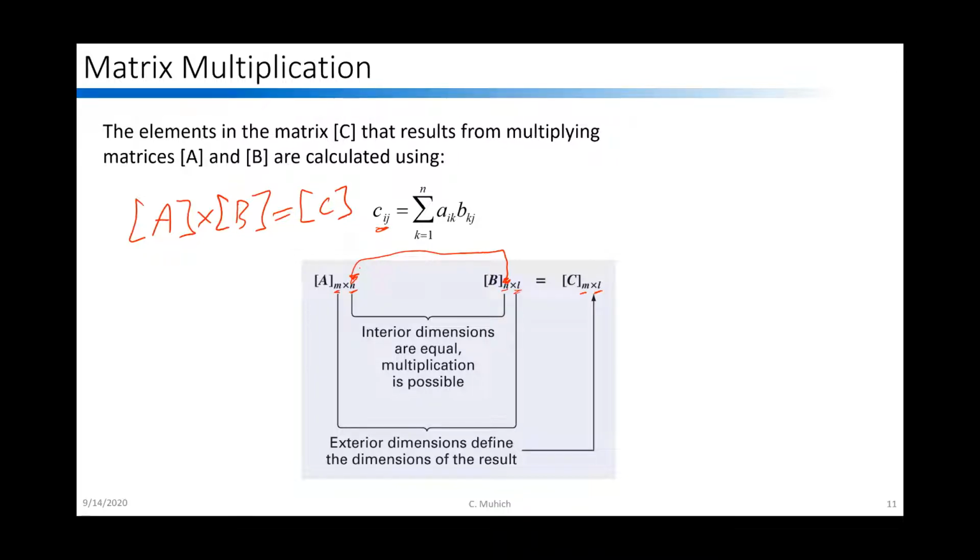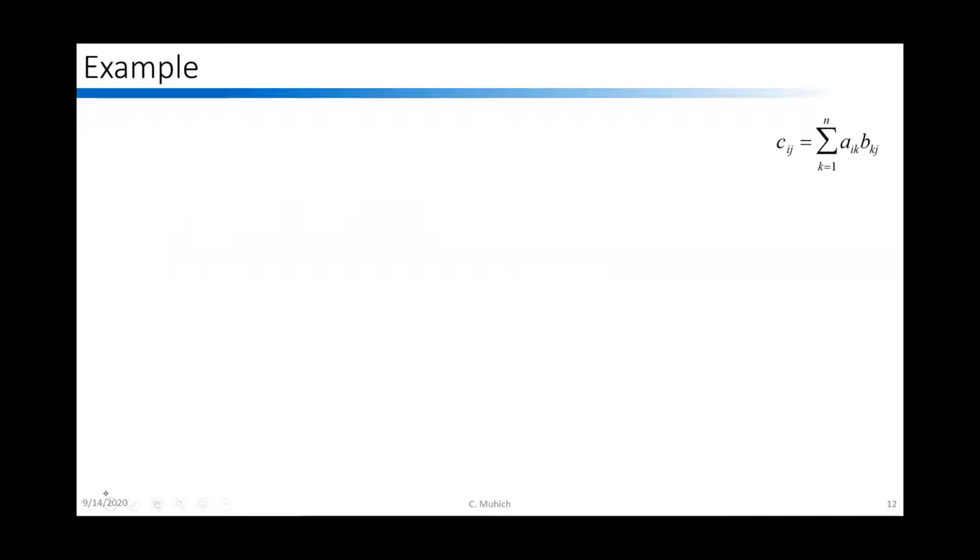Let's put this into an example, because I think it's going to be easier to see. So let's take a matrix A, and I'm going to fill it in with some numbers. So here we go. We're going to say 3, 1, 8, 6, 0, 4, and I'm going to multiply it by a 2 by 2 matrix shown here.